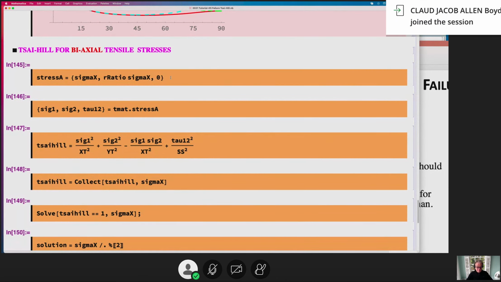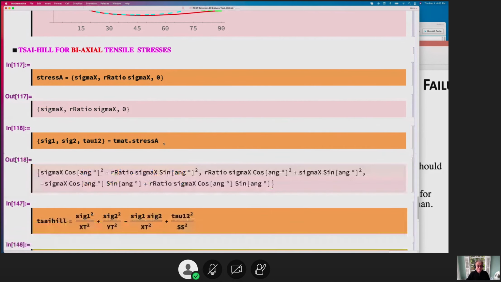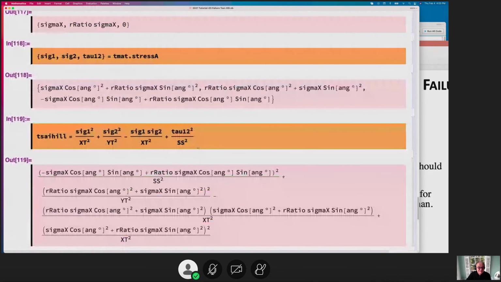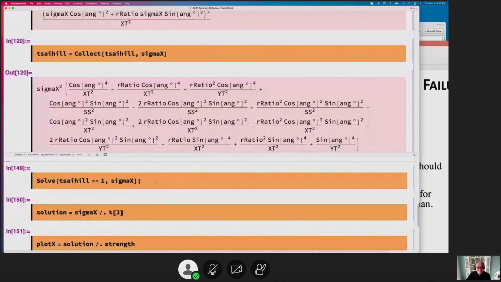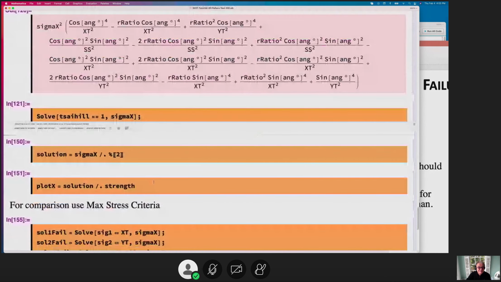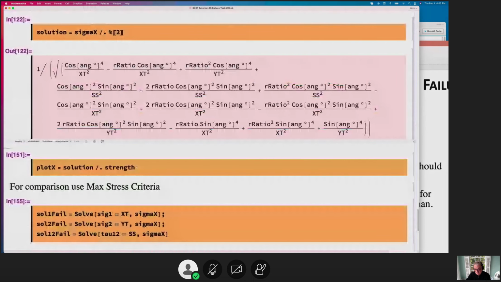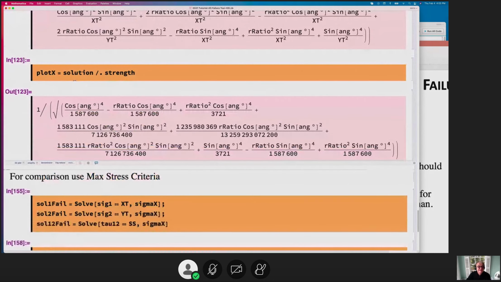And these are my stresses. This is my psi hill. Collect the sigma x's. Solve for the psi hill. This is biaxial. This is the solution. It has a ratio and also the angle. And I'm going to plot it with plot x again.